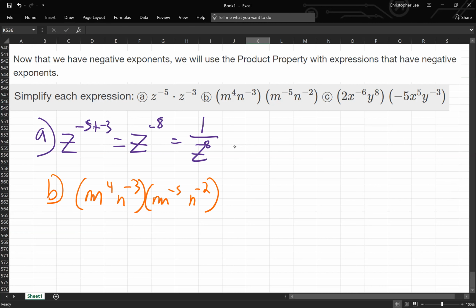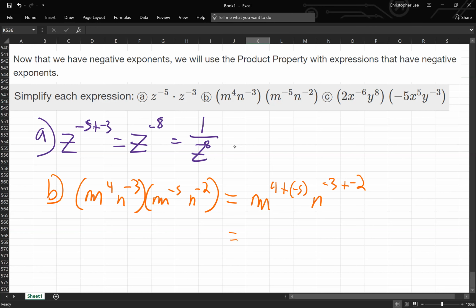What does this become? Becomes m to the, not square, 4 plus negative 5, and the n, negative 3 plus negative 2, right?